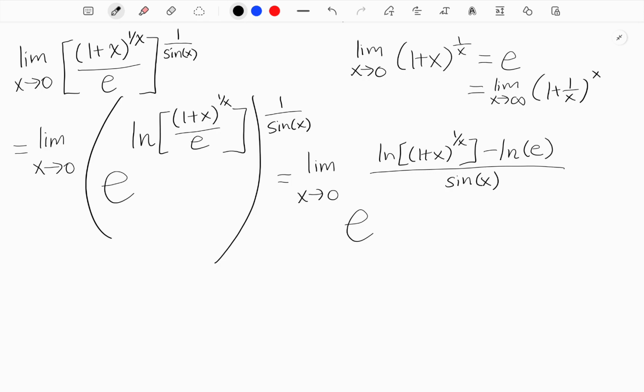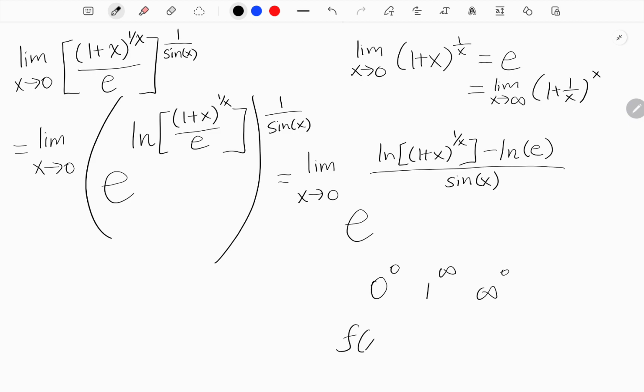Because in general, when you're solving limits with something in the form 0 to the 0, 1 to the infinity, or infinity to the 0, you have to raise it to ln.